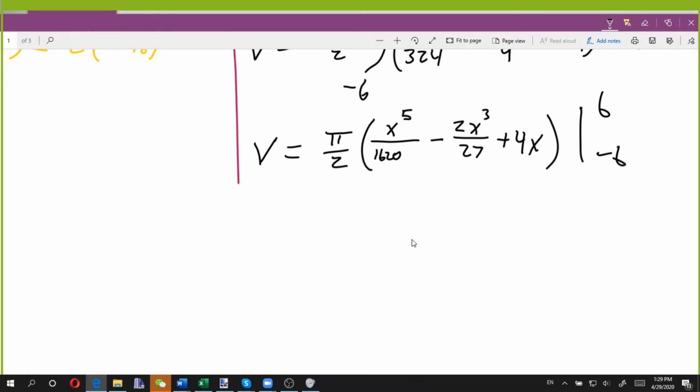So we'll go in and plug in our upper bound and subtract our lower bound. So this will be 6 to the 5th power.